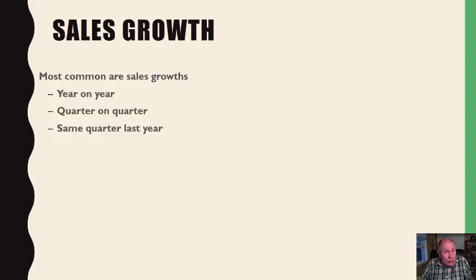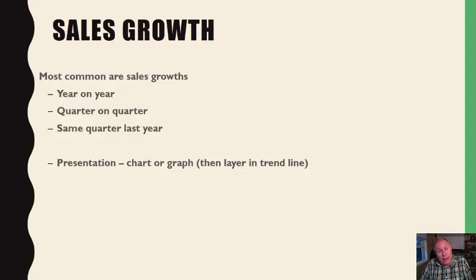Again, why are we looking at this? That will determine whether we use year on year, quarter on quarter, or same quarter last year. Same quarter last year is to identify seasonality, because some businesses have seasonality. So we can see it in a chart or a graph, and we could then layer in a trend line if we like.